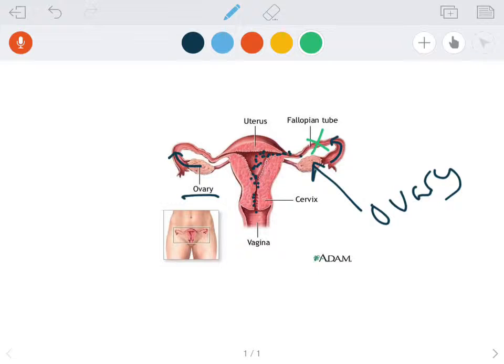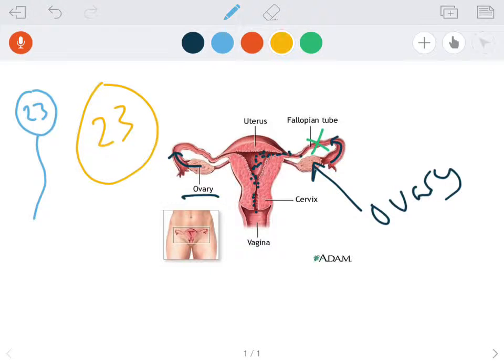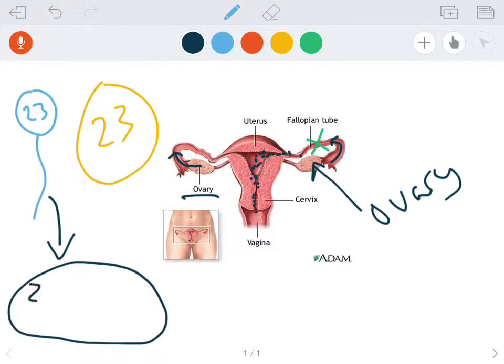Fertilization is when a sperm carrying 23 chromosomes and an egg carrying 23 chromosomes fuse in the fallopian tube to produce a zygote with 46 chromosomes. And those 46 chromosomes are the right number of chromosomes for a human being.